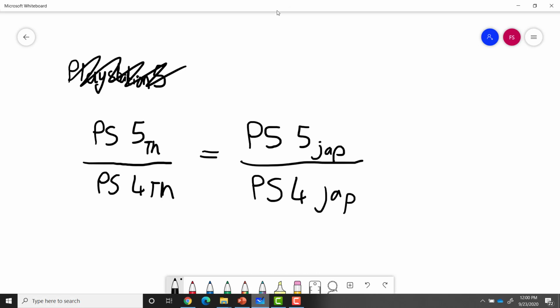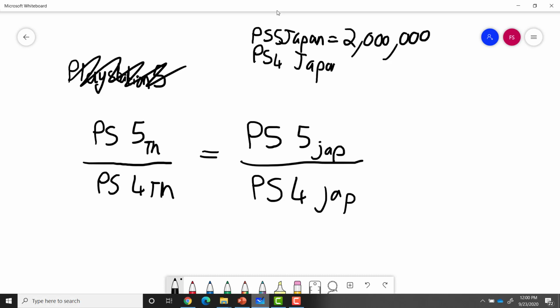And basically we have this information. The PS5 in Japan is 2 million. The PS4 in Japan is 1,600,000. And the PS4 in Thailand is 200,000.